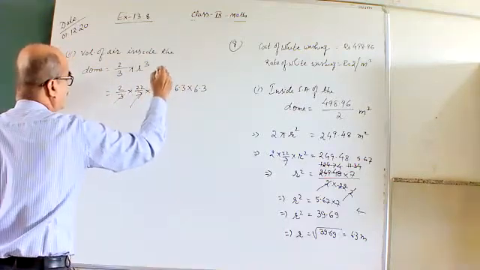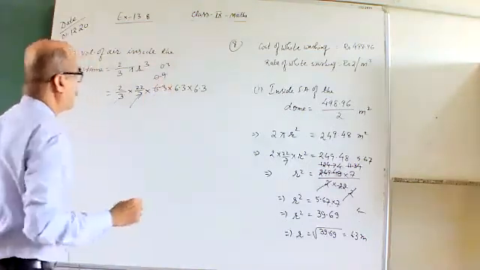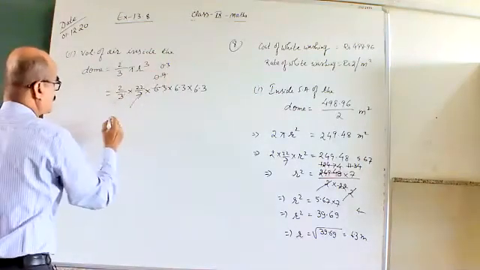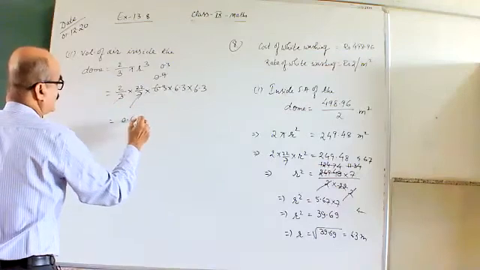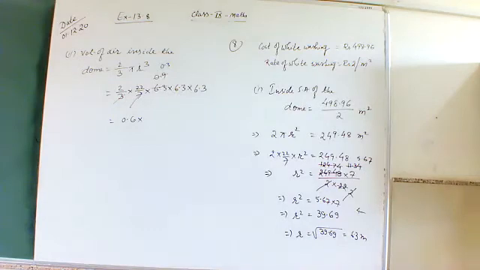3 3s are 9, yes, 3 3s are 0.3. Now solve this. So 2 into 0.3 is 0.6, into 6.3 into 6.3, multiply this. 6.3 into 6.3 is 39.69.